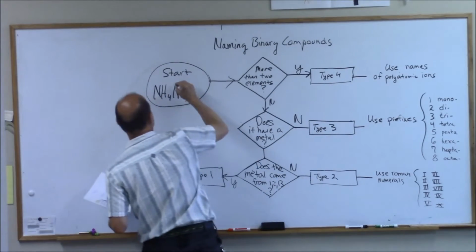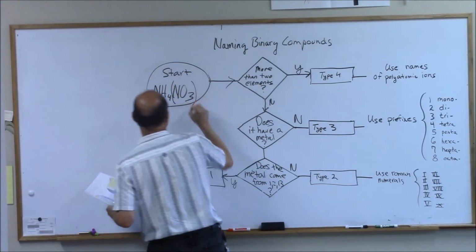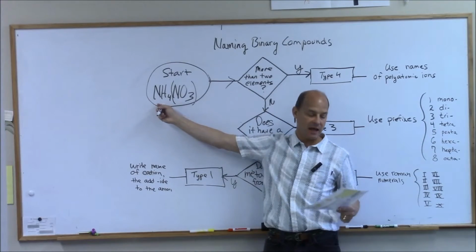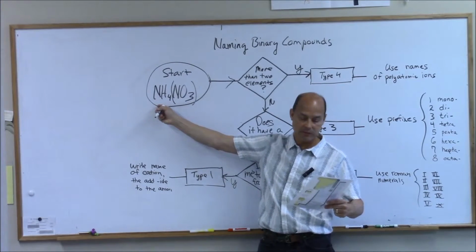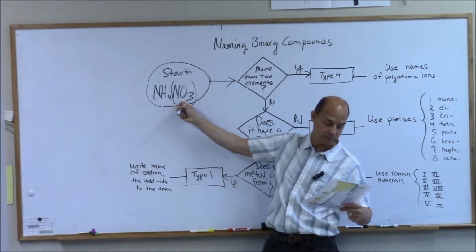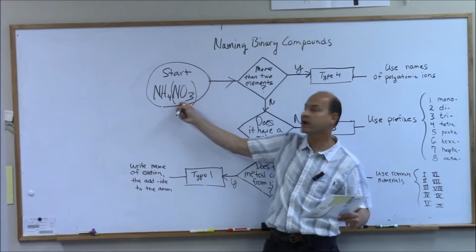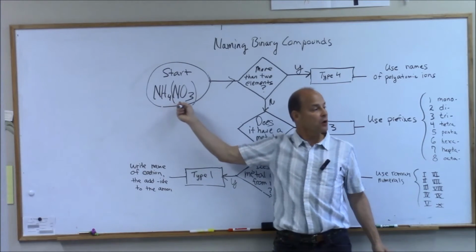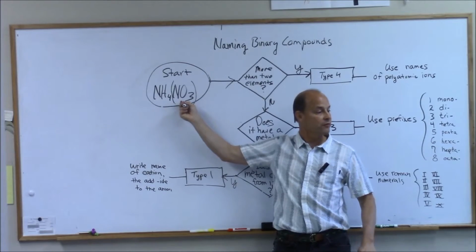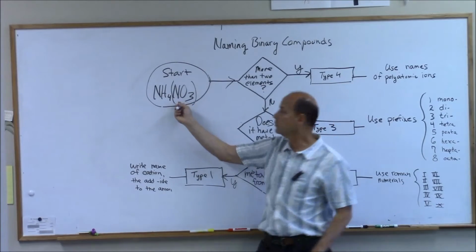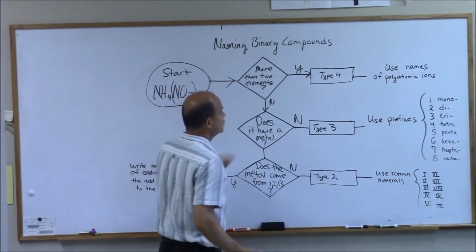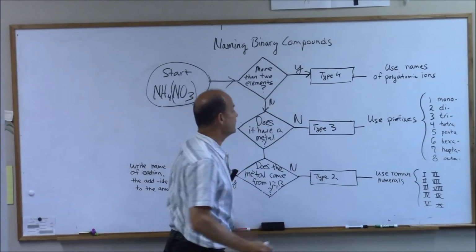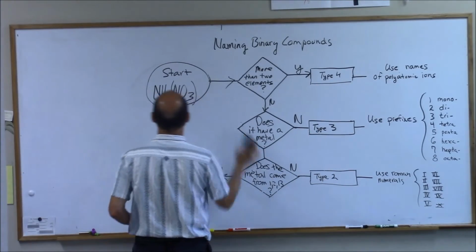I could put some parentheses here, and I recognize that as ammonium, and this is nitrate, ammonium nitrate. Oh gosh, that is the chemical formula for fertilizer. Did you know that? So that's an example of a type 4, and I think we've got one more to go.